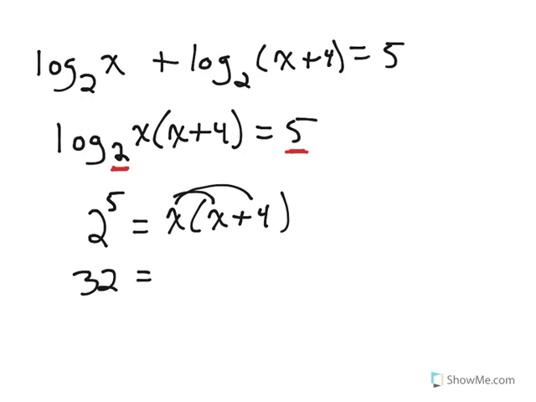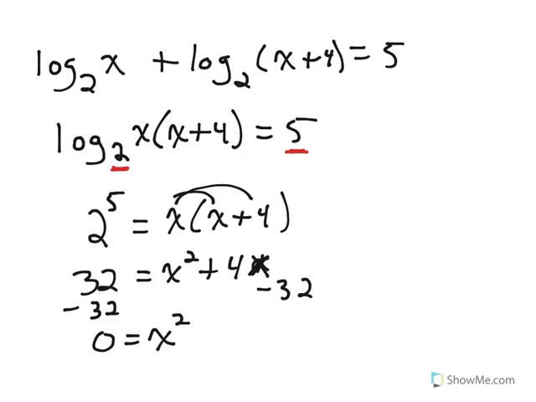Multiply your x out here, and that gives us x squared plus 4x. We see now that we have a quadratic equation. So we need to subtract 32 from both sides of the equal sign and set it equal to 0.